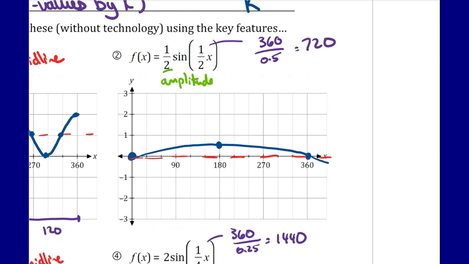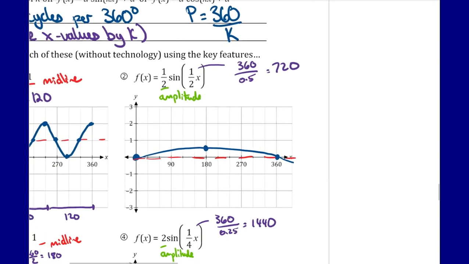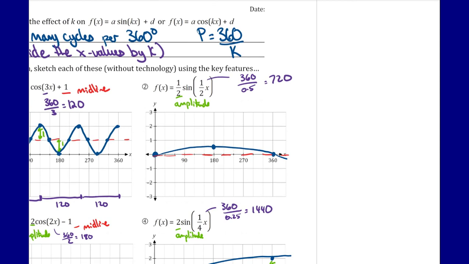So I only see half of my sine wave here. I only see it going up to the maximum and coming back, which makes sense because the other half will cover the minimum part, and by the time I make it to the end, I will have completed 1 cycle at 720 degrees.